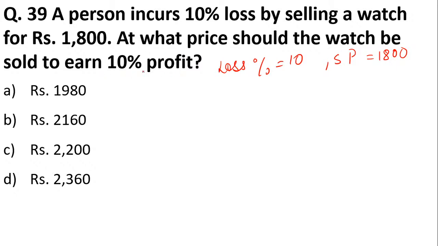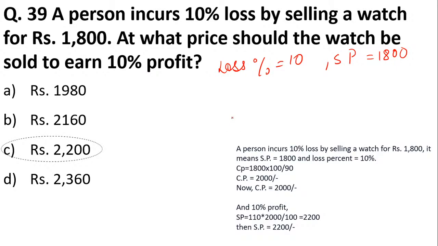For this, first we will have to take out the cost price of the watch. So how will you take out the cost price? You will find it by selling price into 100 upon 90. Okay, so this is the loss percentage.